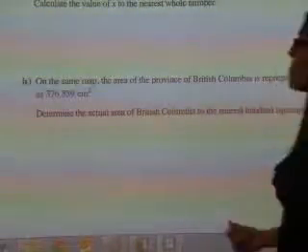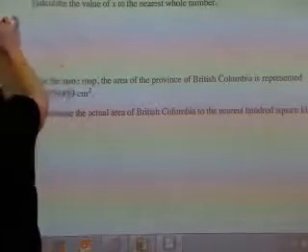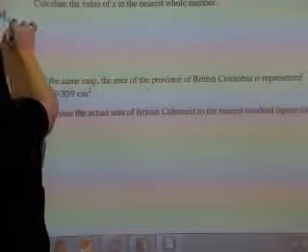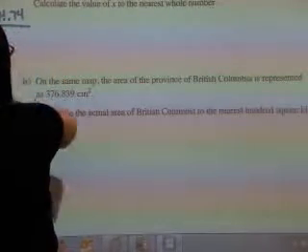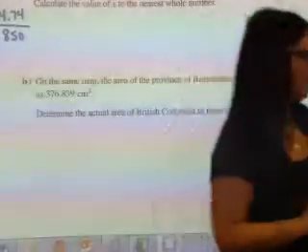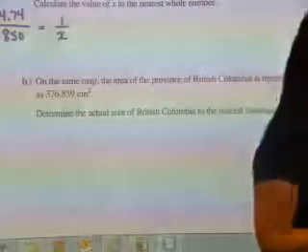So we have the map, which is 264.74, and we have the real life, which is 661,850, and I want to put that as 1 over x.